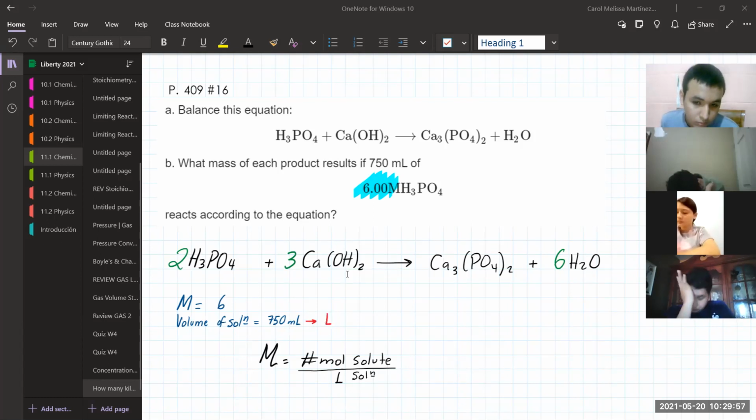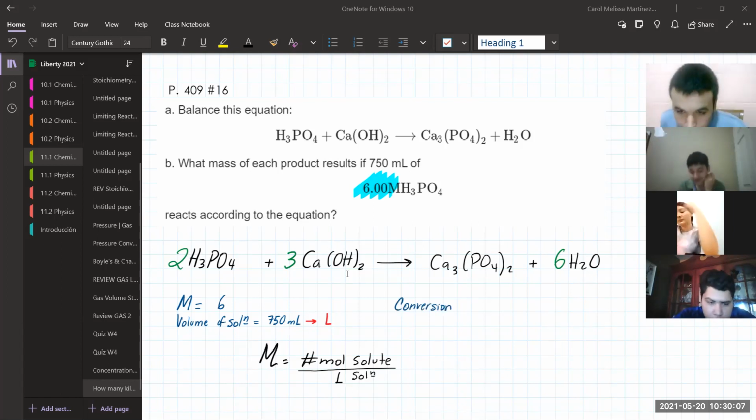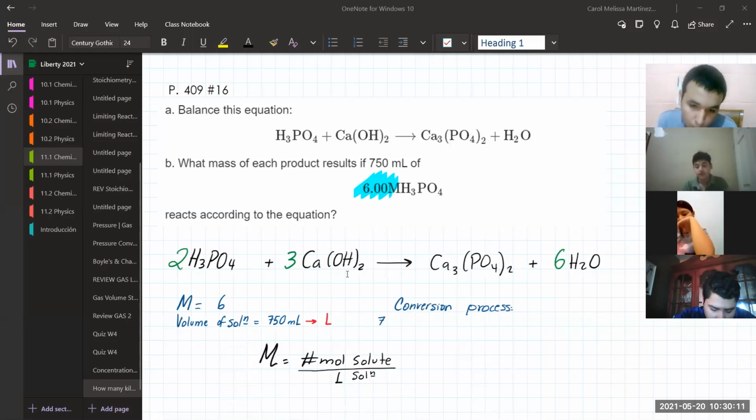Okay? So I apply the formula for conversion. I'm going to make the conversion here. 750 milliliters times, in 1 liter you have 1000 milliliters.